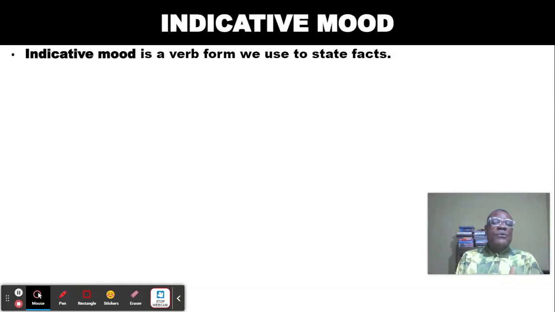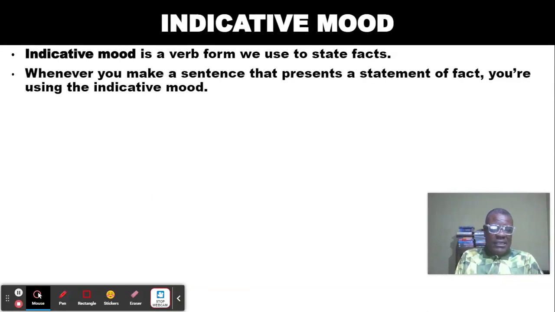Now, indicative mood is a verb form we use to state facts. That's one thing about the indicative mood. When you are simply saying something that is based on fact, you are using the indicative mood. And this is predominantly the mood we use in everyday communication.